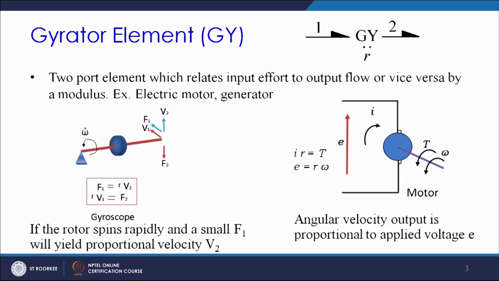This is what the gyroscope principle is, and this F2 will be given by the gyrator modulus R into V1.